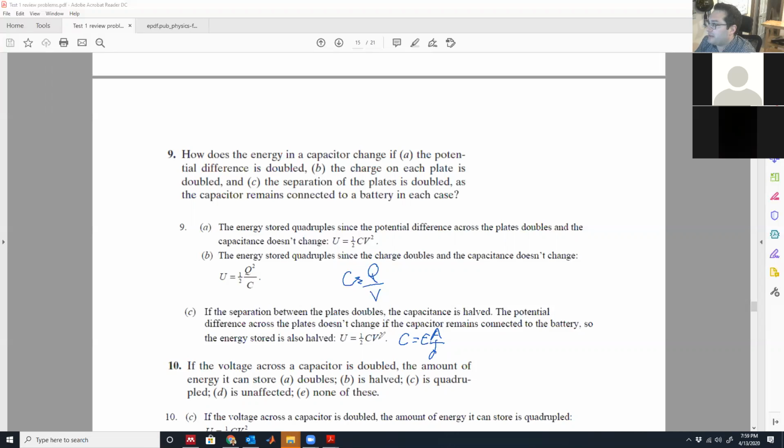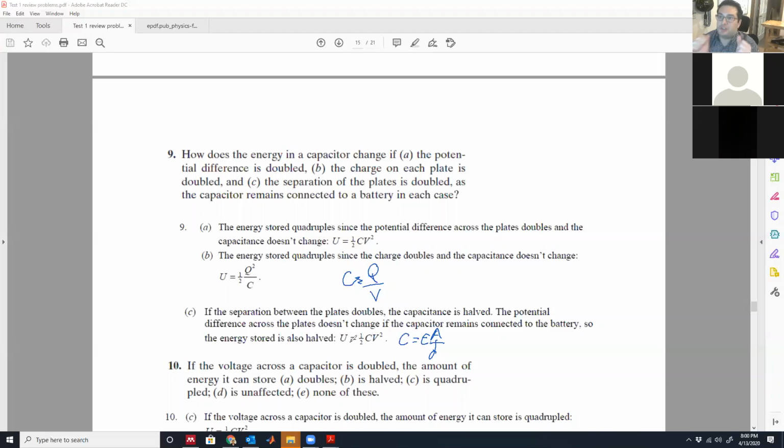So now if we look at this equation, if we double the distance, we decrease the capacitance by 2. So that means that the potential energy decreases by 2.